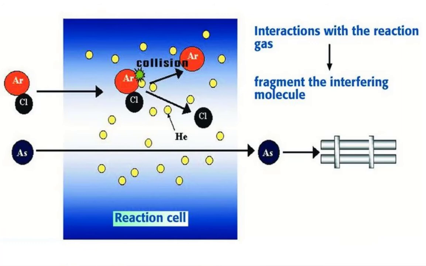So everything is colliding with the helium, but the monoatomic ions are colliding so much less that the amount of them that are knocked out of the ion stream is going to be much, much lower. And so we are going to lose signal all around, but the polyatomic ions will drop so low as to only be a fraction of what they started out as.